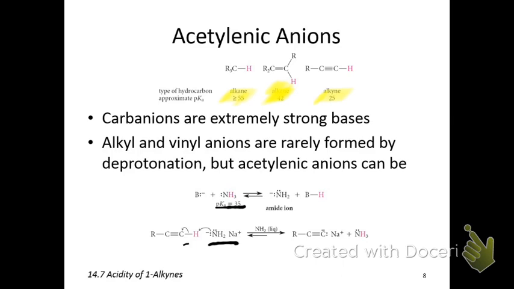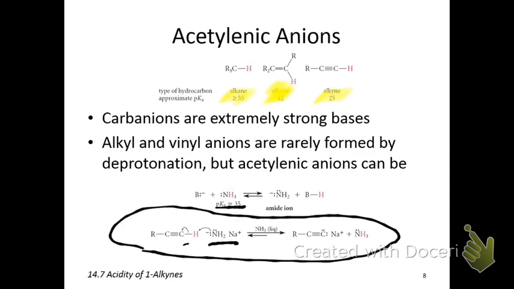So that means ammonia is less acidic than a terminal alkyne, and that means that the conjugate base of ammonia would be protonated by a terminal alkyne, and that's why the reaction works. And you see that at the bottom here.